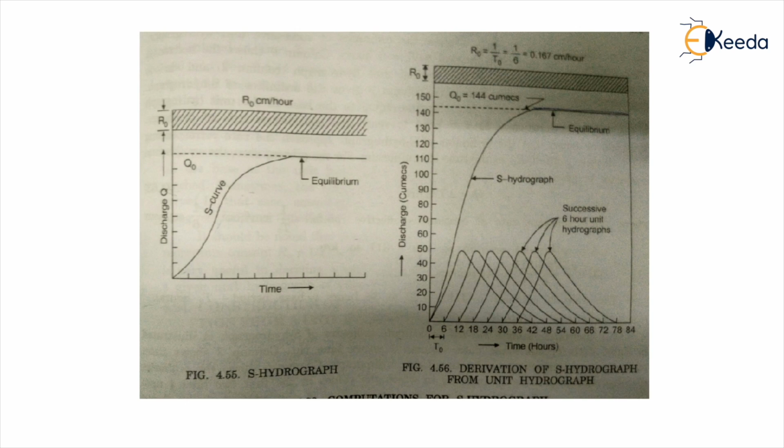After this point the value remains constant, and in the upper portion you get the R value, that is the effective rainfall value, as 1 upon T. T means the unit duration of the unit hydrograph that you are going to plot and afterwards add. The inverse of this unit duration time gives us the intensity of the rainfall value. So this is how we can derive the S hydrograph.